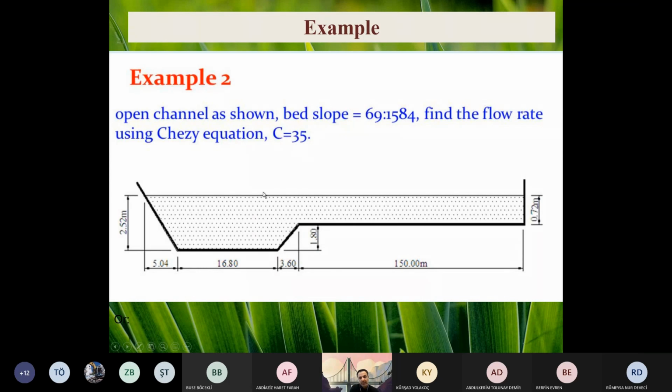Therefore, if I can calculate velocity, then I can calculate discharge easily, because the cross-sectional area can be calculated. We see that, for example, the depth of flow in this rectangular section equals 0.72, but it is 2.52 in this part. And let's see how we should answer this question.